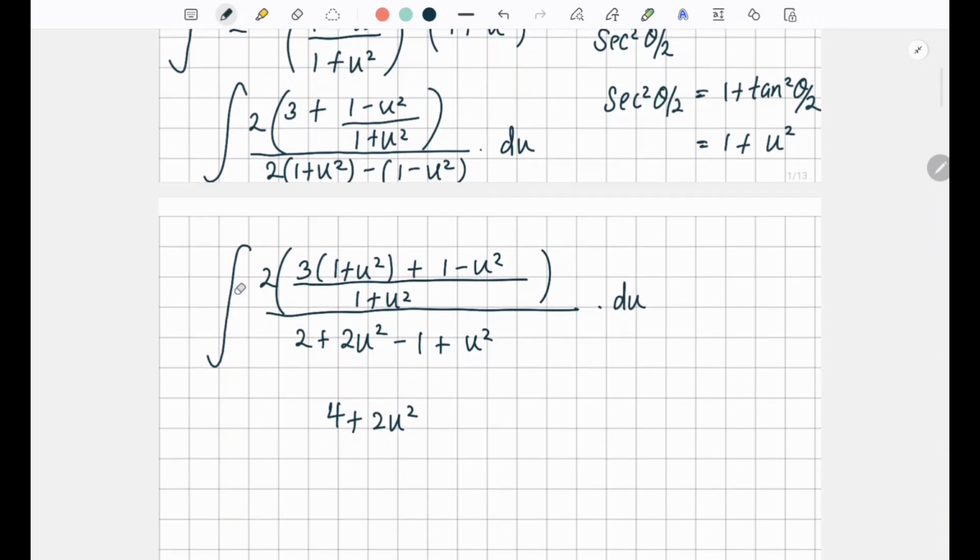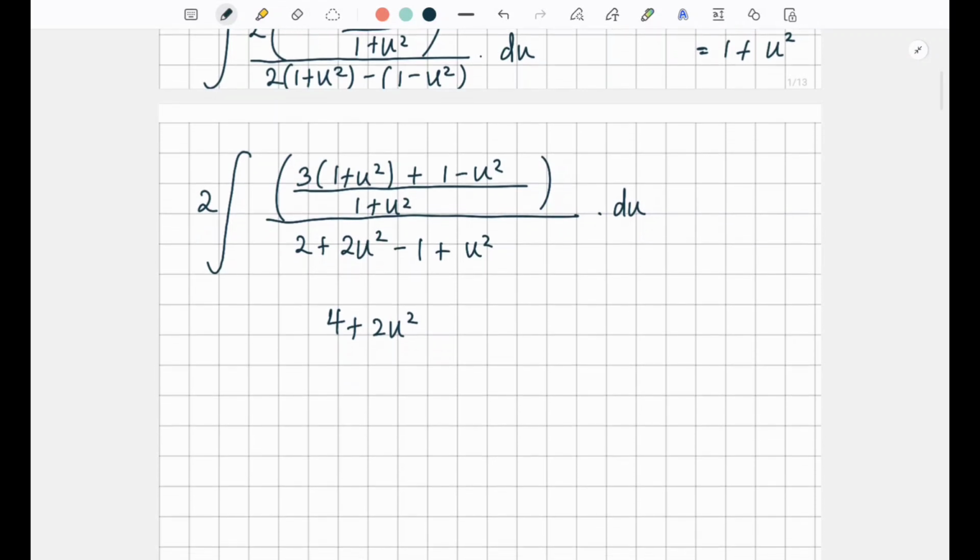So you could keep that outside the integral. So now it's 4 plus 2u squared over 3u squared plus 1 into 1 plus u squared dot du. Now this is the integral we need to solve.